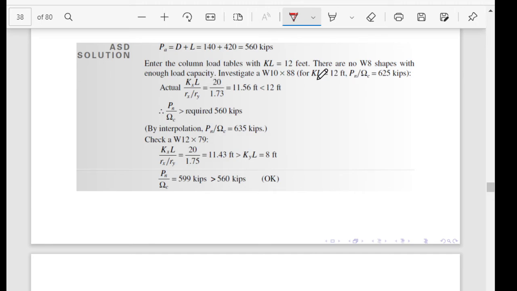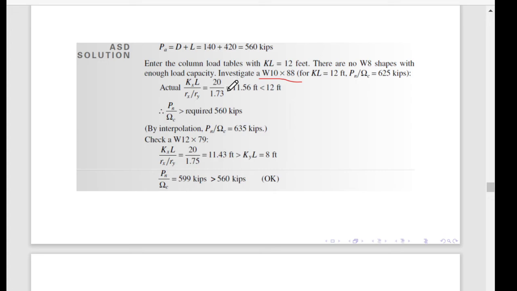Then the actual value for this shape W10 by 88: finding the Rx and Ry in the other table, Table 1-1, you'll get the ratio. Then this is the actual effective length in the x direction, less than 12 feet.